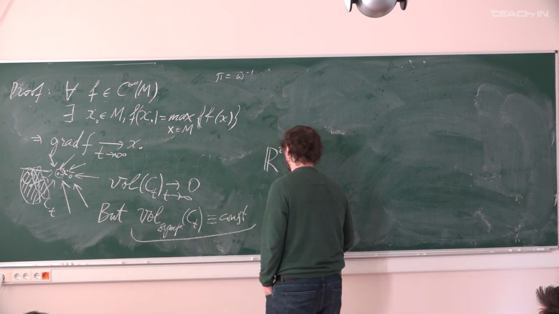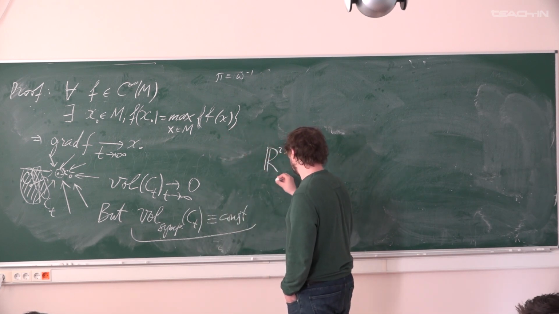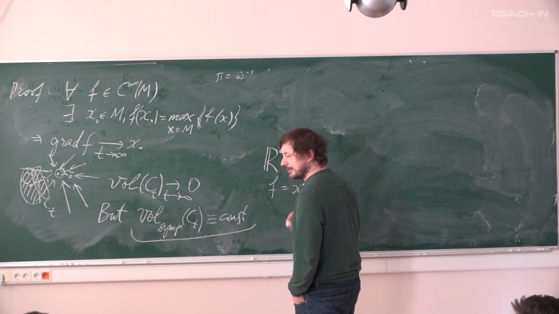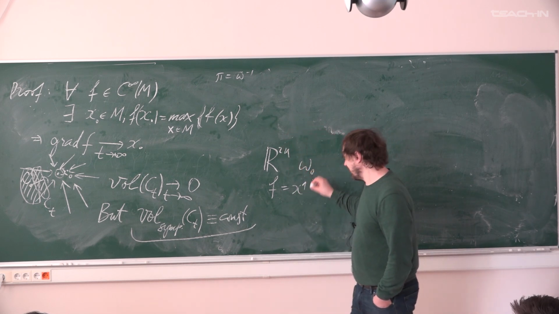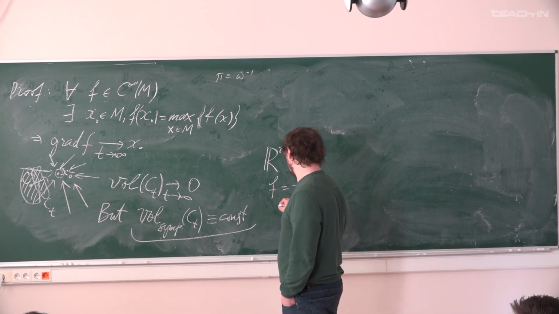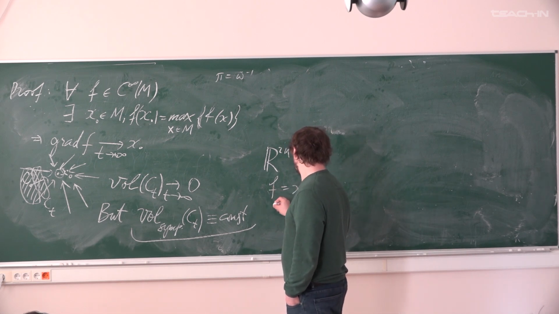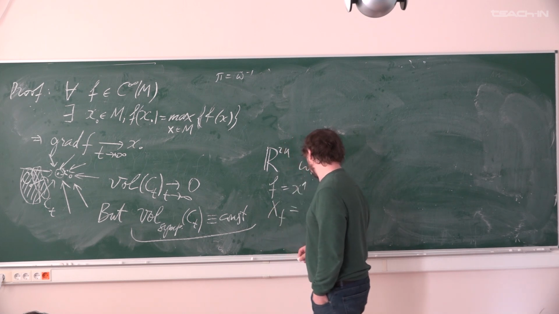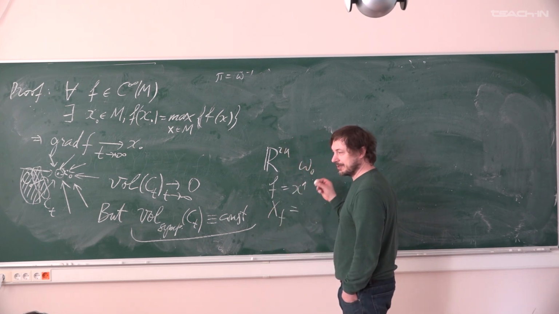If you take some very naive function f equal to x1, say, with the standard symplectic form here, then its Hamilton field will be equal just to the vector field in the second direction, up to the sign.